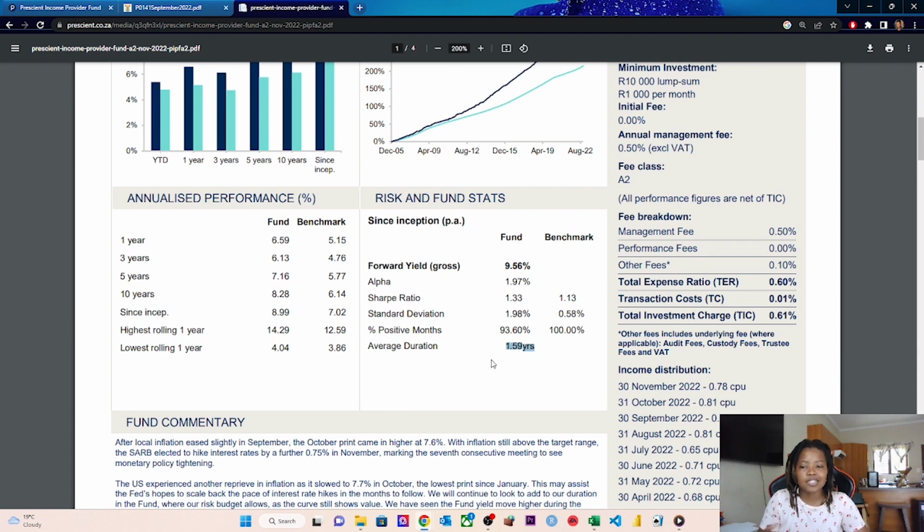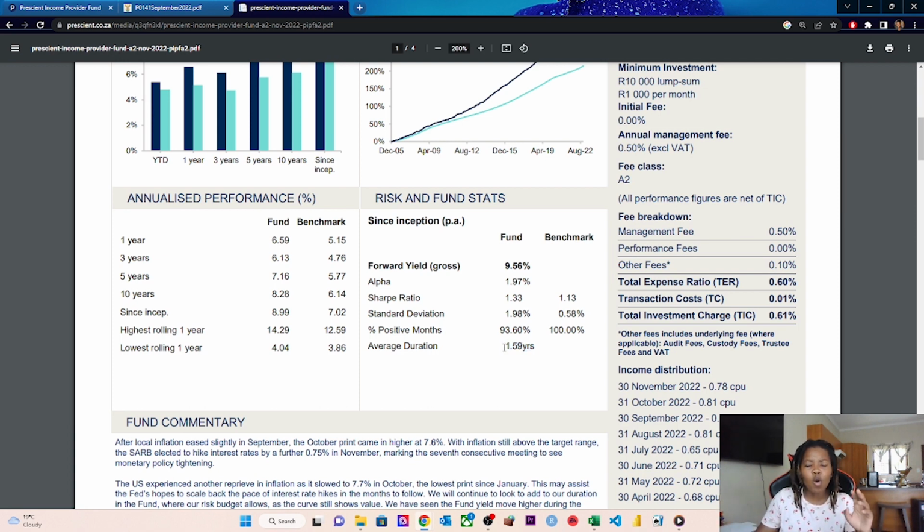I'm thinking things like step-up notes, things that roll every 3 months. You can get maybe a 6-month note, maybe a 12-month money market note. So those are the typical things that you're looking at for a fund like this. It's basically saying if things go wrong, it's going to be very easy for them to get out of it and get cash. So think of it like that.